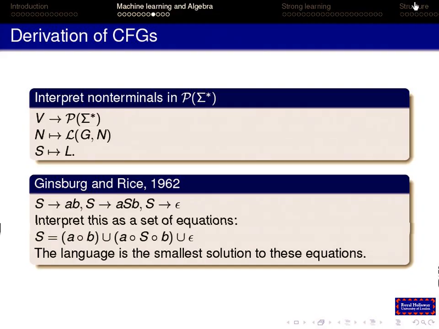So we can define a function from the non-terminals of our context-free grammar into this collection of all sets of strings, where we map each non-terminal just to the set of strings that are generated by that non-terminal. And in particular, S, our start symbol, is going to be mapped into the language.